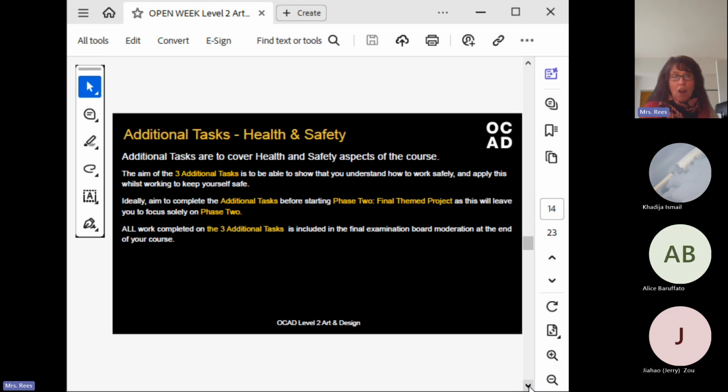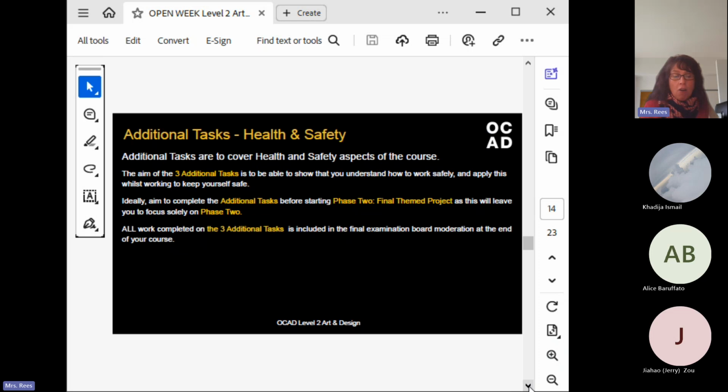The additional tasks are 3 health and safety tasks that we do. Because it's part of the criteria that the exam board is looking for, they want to see that you understand how to work safely and you've actually been applying that while working safely. So we take you through 3 tasks that will increase your understanding, and show you how to apply control measures and precautions to your work while you're working.